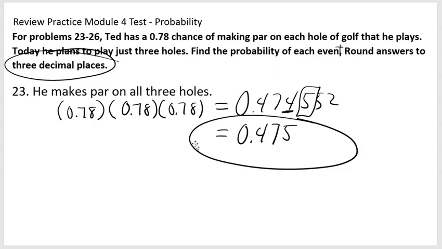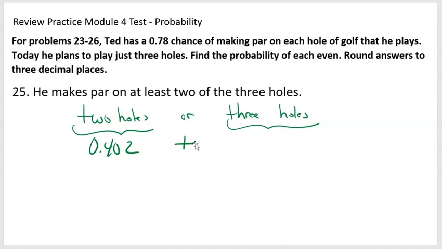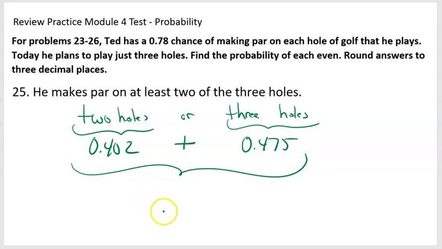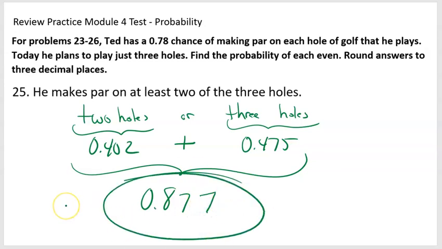Problem number 23, 0.475. I add those 2 values together, and that should be my answer, which is, in my head, 0.877. So the probability that he makes par on at least 2 of the holes is 0.877.